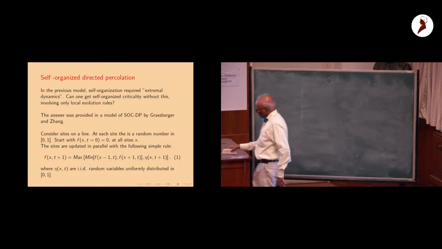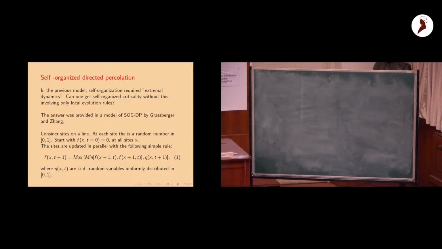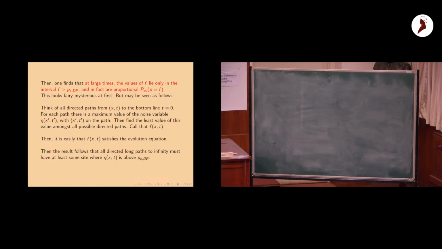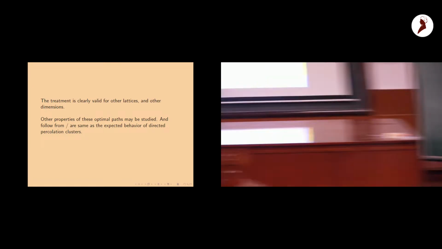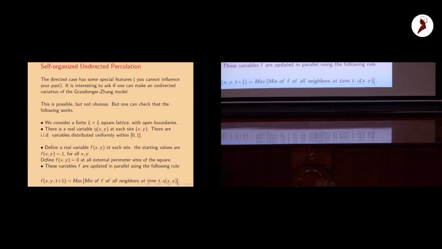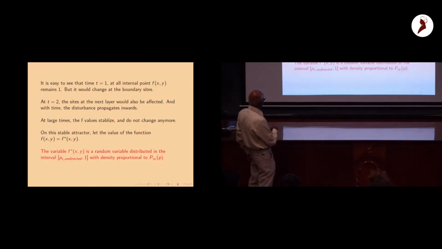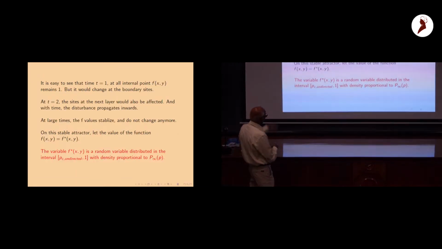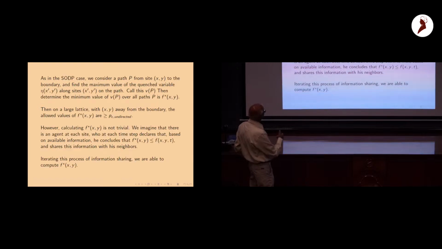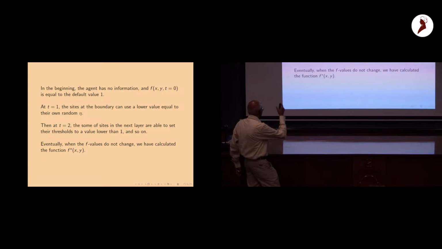Okay, so now I will discuss another problem. So this is the self-organized directed percolation. Self-organized undirected percolation, we have finished discussion actually. So it's the same behavior, and it is obtained by this iterated process of information sharing.